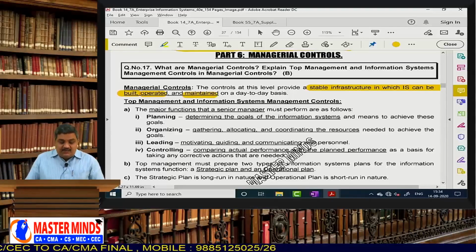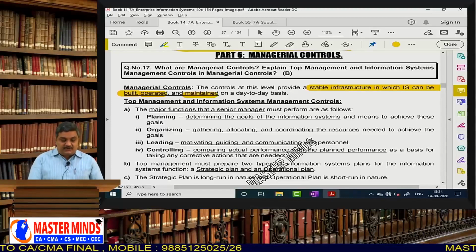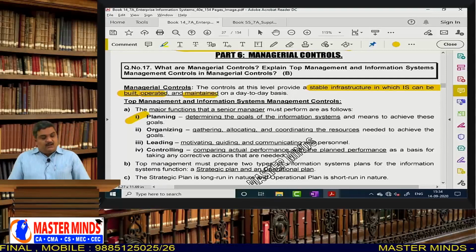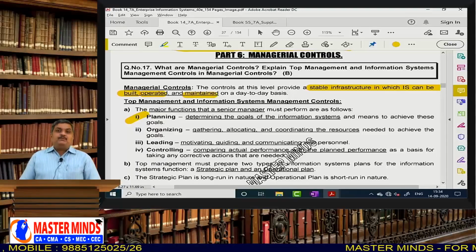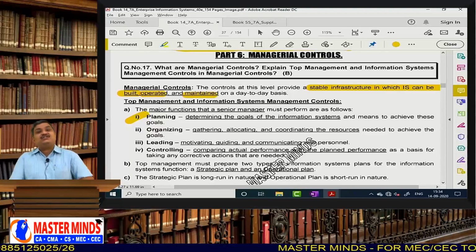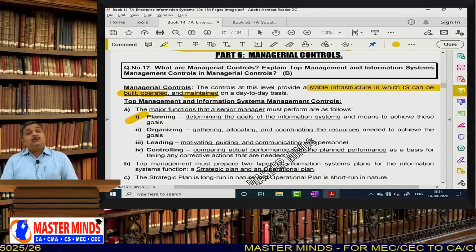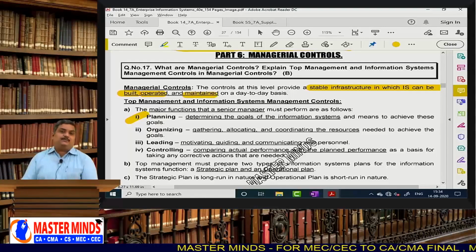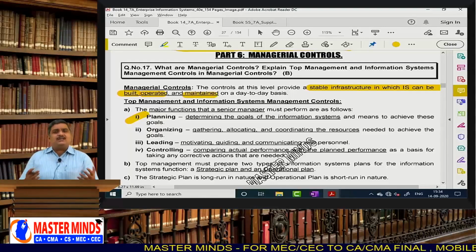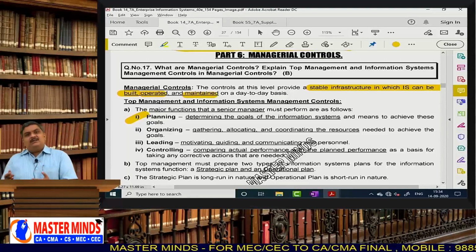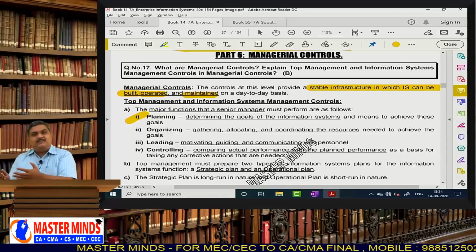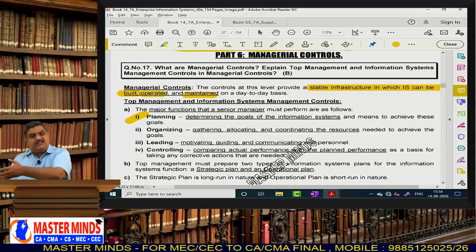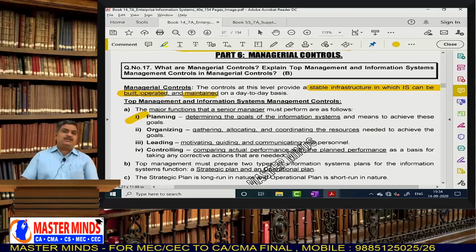Top management and information system management controls include planning. In any organization, the top level management appoints a steering committee to look into the matter of building an information system. That steering committee consists of auditors, some technical consultants, and representatives of the senior level positions of the organization.